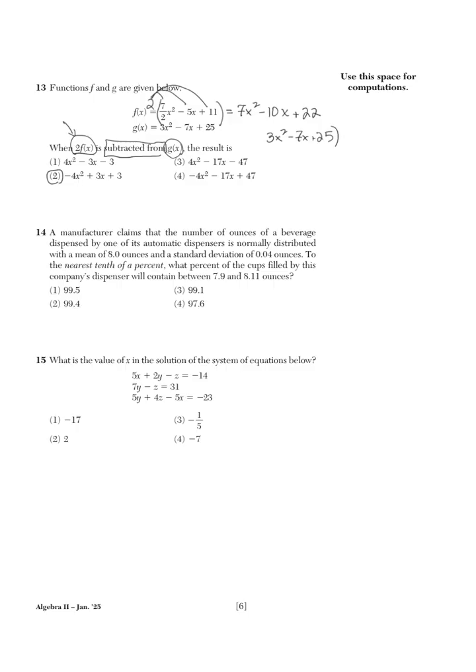I'm going to put that in parentheses, and then I'm going to subtract my 2 f of x, which is 7x squared minus 10x plus 22. And I'm going to distribute that negative through. So I keep this guy, 3x squared minus 7x plus 25.